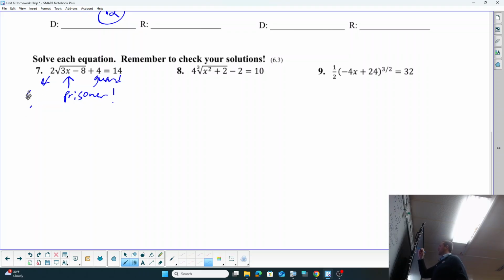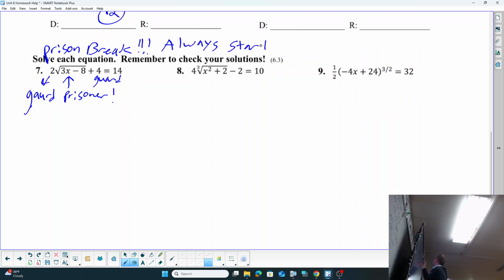If I can spell guard. So we need to go ahead and break the prisoner out, and always start with the guard or number furthest away.